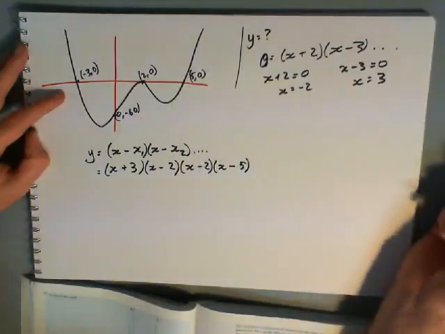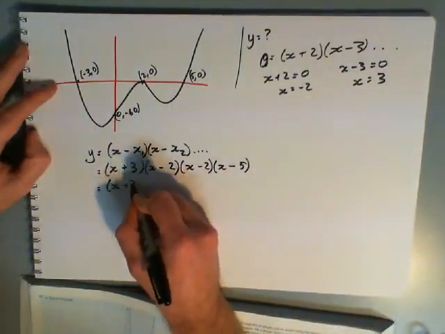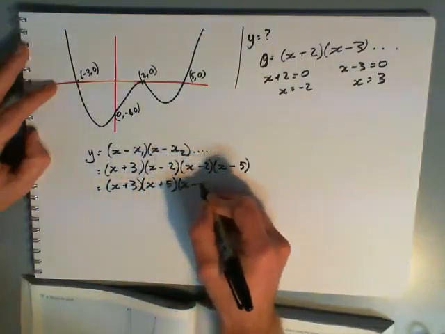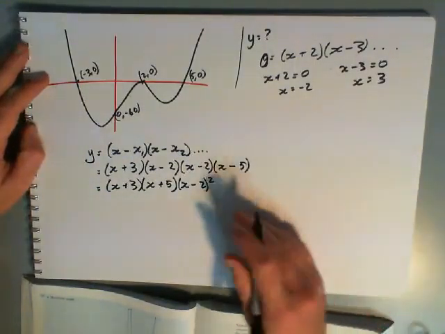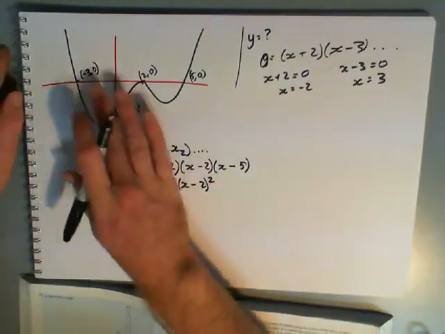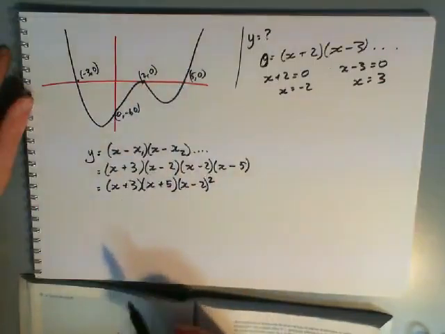So there are our 4 factors. Just a bit of a tidy up, I can say x plus 3, x take 5, and x take 2, and that's going to be squared because I've got 2 of them. So that's all we're doing. That's the easiest way to do it, is look at your x-intercepts, your factors, and put them into linear factors.